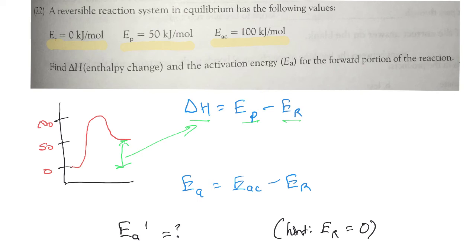I don't know how visible that will be, but let's try it. Now we're also supposed to find the activation energy, and that is the difference between the starting point, ER, and the highest point, the peak. So that's between here all the way down to here, okay? So now we can visualize it.